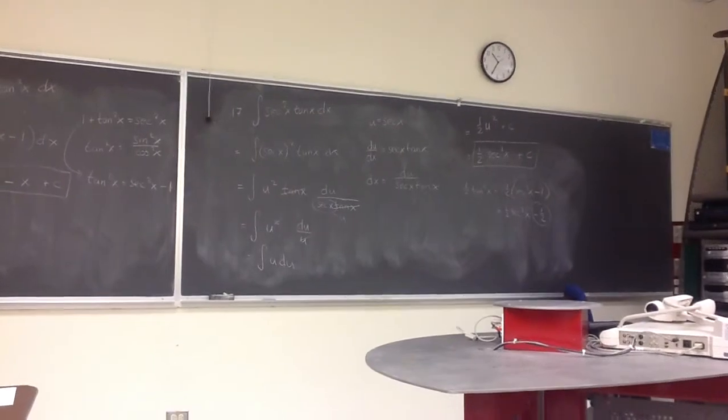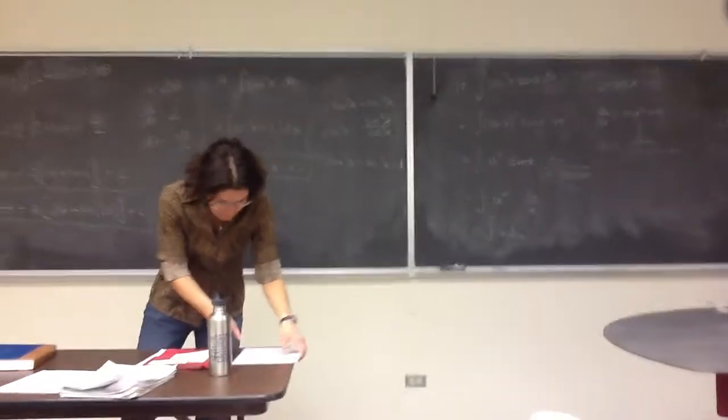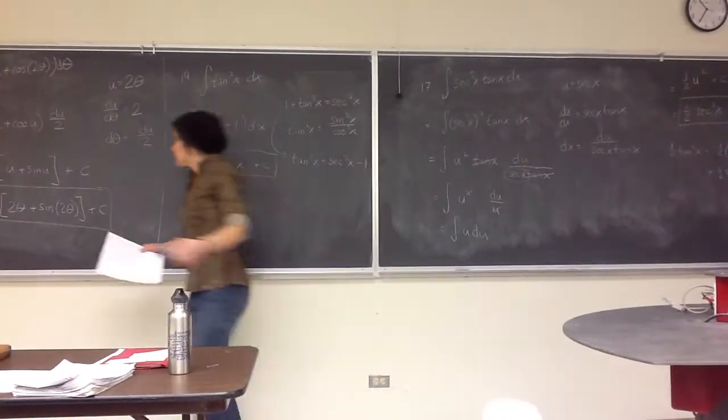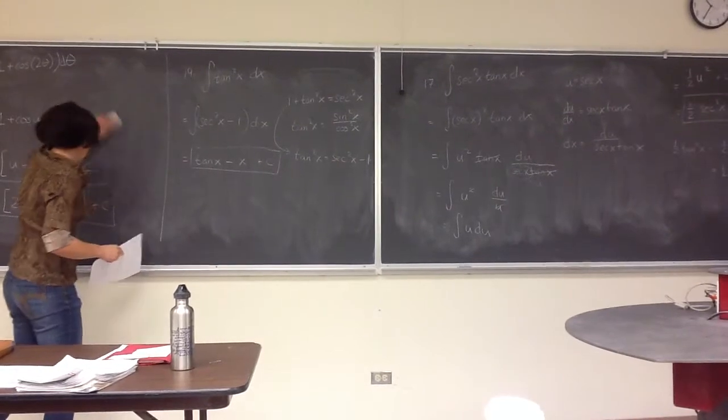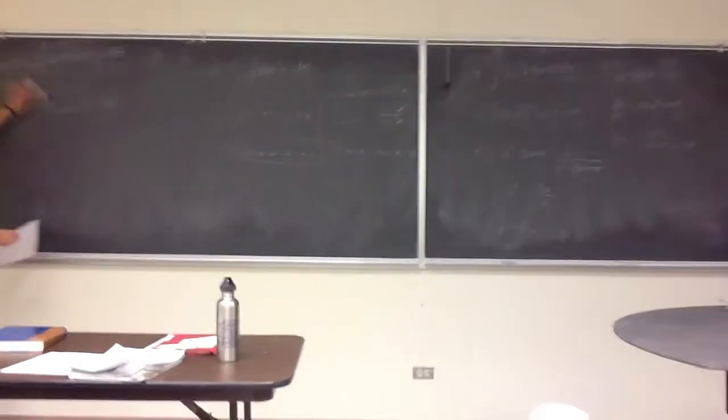Okay, so I'd like to wrap up this section 6.2 material about interesting trig u subs, and in particular I'd like to highlight two important antiderivatives that you want to add to your list of known integrals.